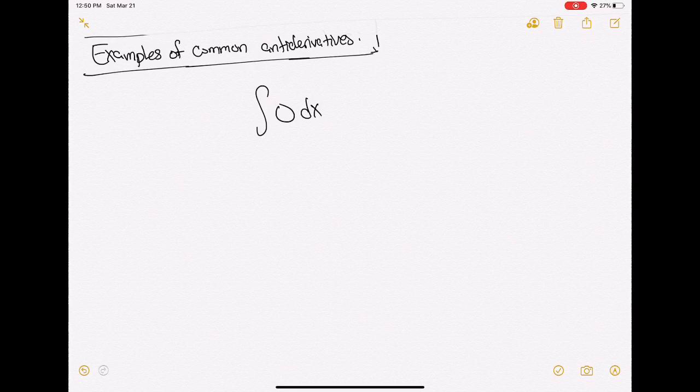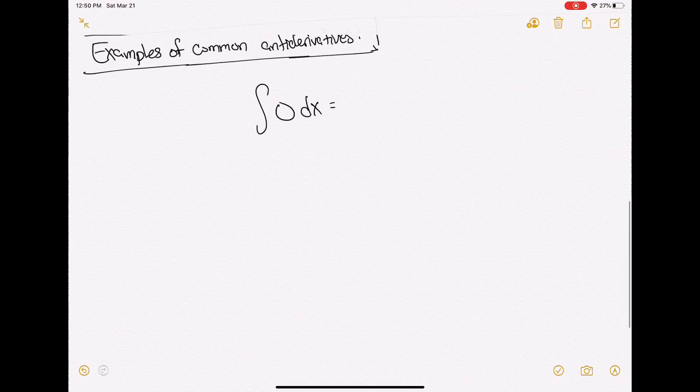So what do you guys think the antiderivative of 0 might be? Well, what do we have to do? We have to think about d dx of something equals 0. What should this be?